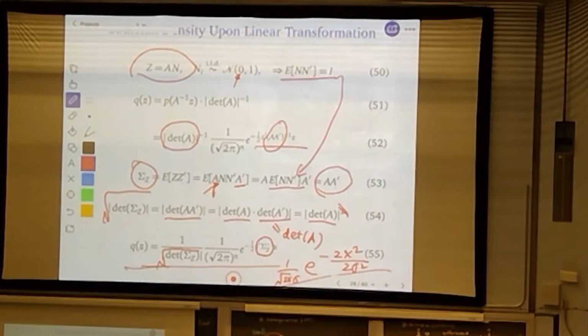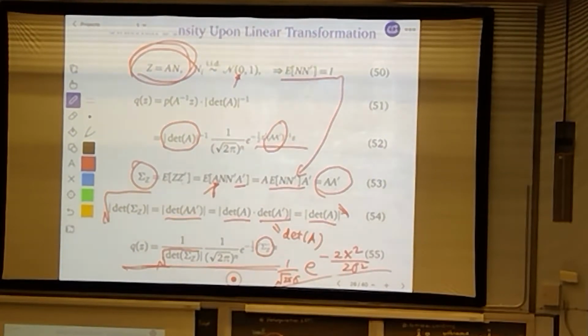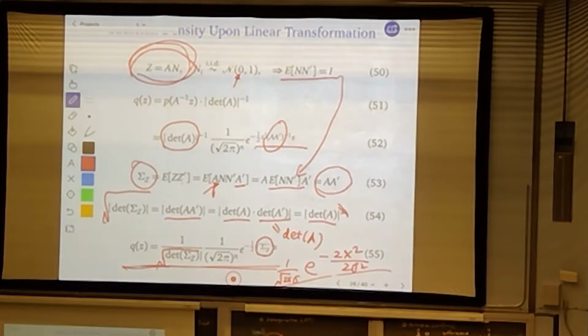It should be this. This is a key concept. You model it as IID Gaussians through linear transformation. That's how you expand and build up more complicated multivariate Gaussians. Any questions?